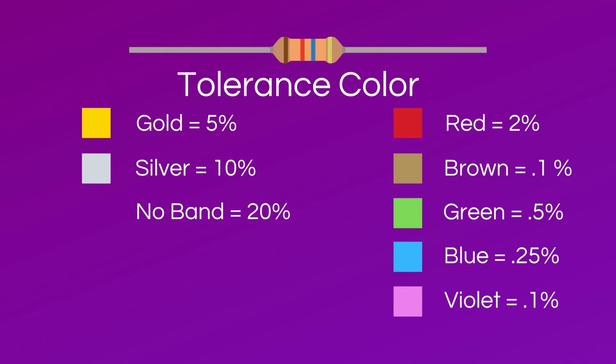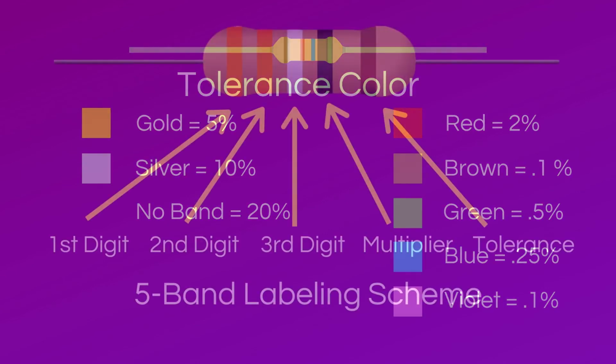For more rare, high-precision applications, higher precision resistors can be used. The bands denoting these are as follows. Red equals 2%, brown equals 1%, green equals 0.5%, blue equals 0.25%, and violet equals 0.1%.